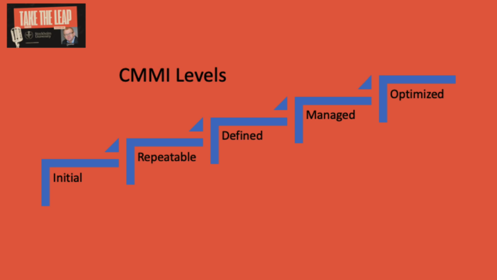Then we move to level 4, called quantitatively managed. Here, your processes aren't just defined, they're measured and controlled using data. You're collecting metrics on your project performance, things like budget variance, schedule adherence, and resource utilization. This data-driven approach allows you to predict future performance and make adjustments early on if something's not going to plan.